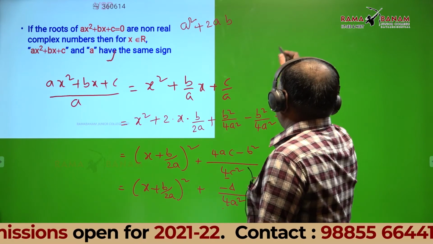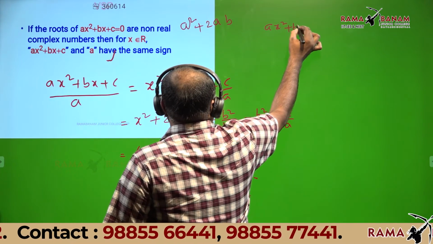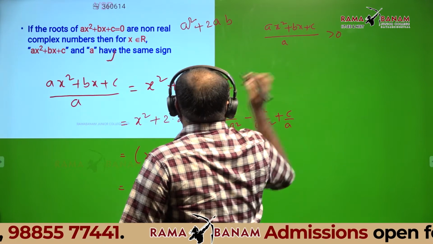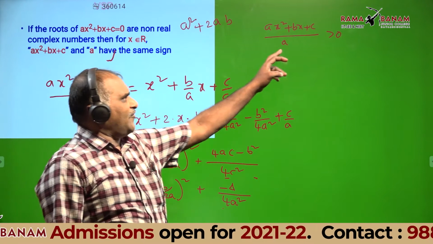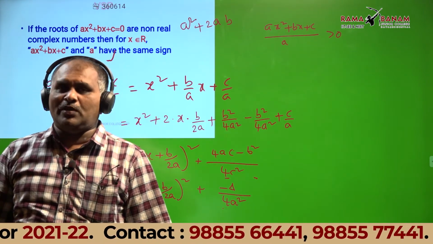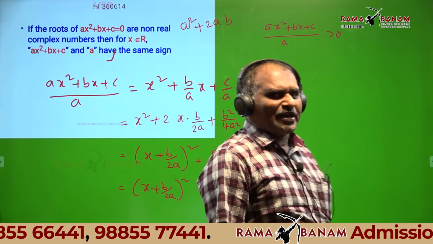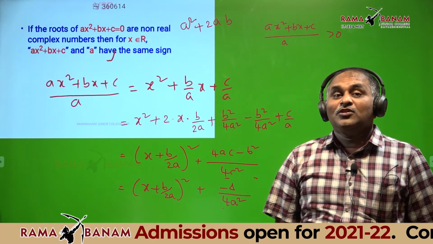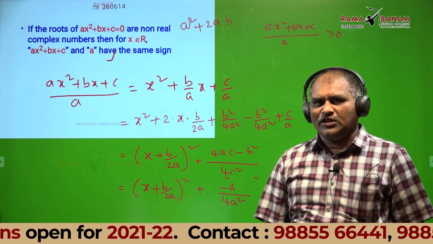Therefore, observe this one: ax square plus bx plus c by a will be positive. Lesson 1. In the quadratic, what is the a value? Positive. This is the a by b form. A by b positive means what is the condition? ab greater than 0, a not equal to 0.